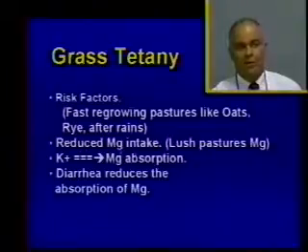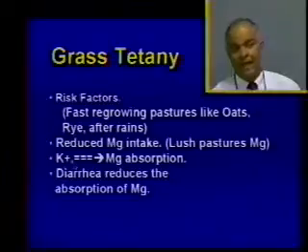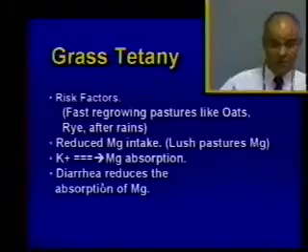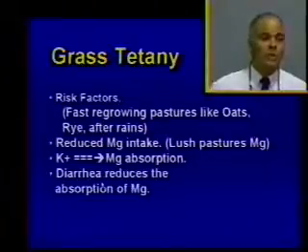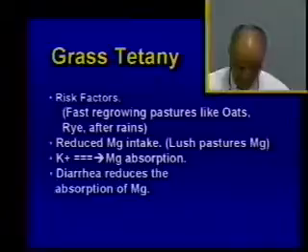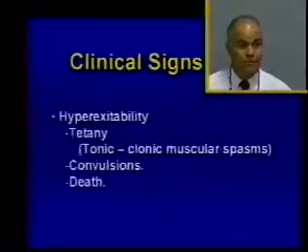Basically what happens is there is a reduction in magnesium intake. If we have diets that are high in potassium, such as some of these legumes, it interferes with magnesium absorption, so the higher the potassium, the more it may affect magnesium absorption. If an animal has diarrhea, for example, from an infectious source, that can also affect magnesium absorption.